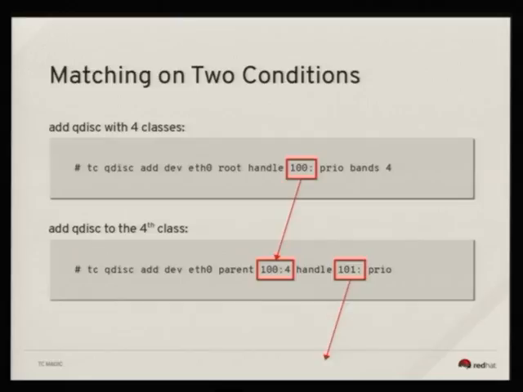This is the handle we give to this new Qdisc, and we will use it on the next slide. Why do we need this? We need this because we want to attach a filter to the 4th class. But we cannot attach a filter to a class. Filters are always attached to Qdiscs. So we add a Qdisc to the class and we're good.